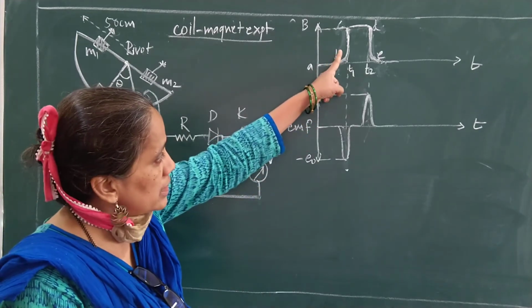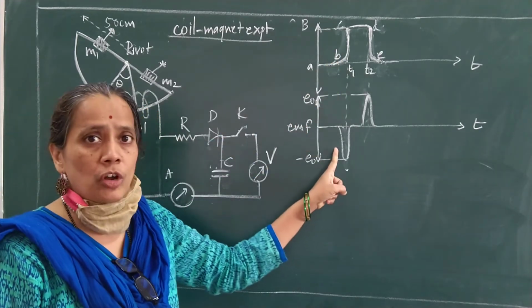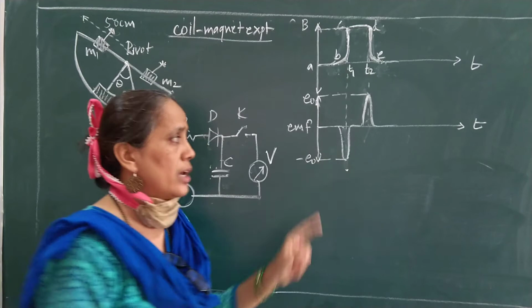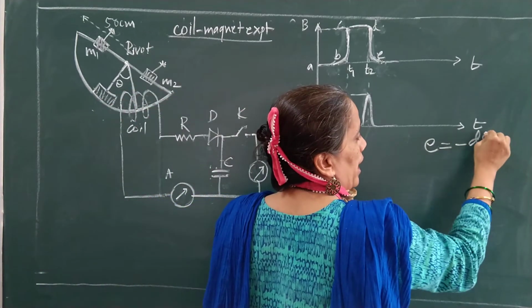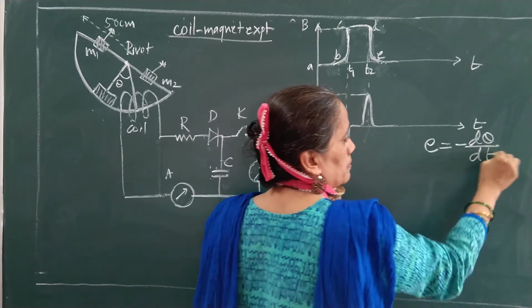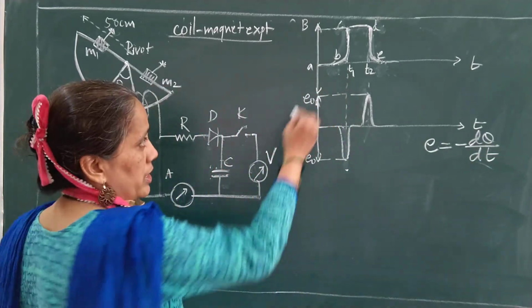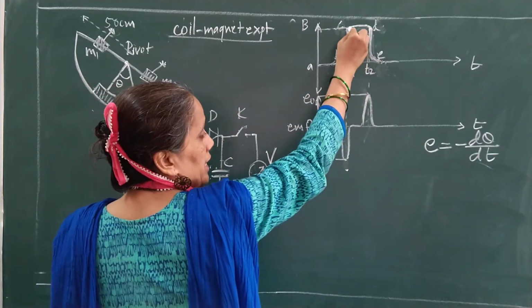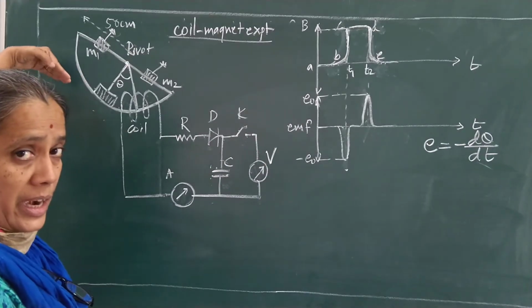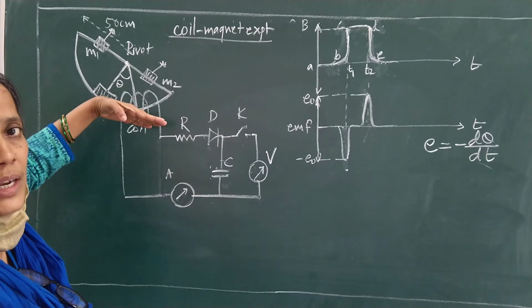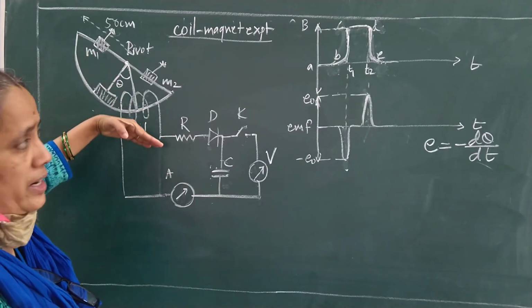Now due to that change in magnetic flux, there will be the production of EMF. Now we know that according to Lenz's law, EMF is equal to minus d phi by dt. Right? Now here, this BC part, what does it indicate? BC part indicates that the magnet is coming rapidly towards the coil at a faster speed.